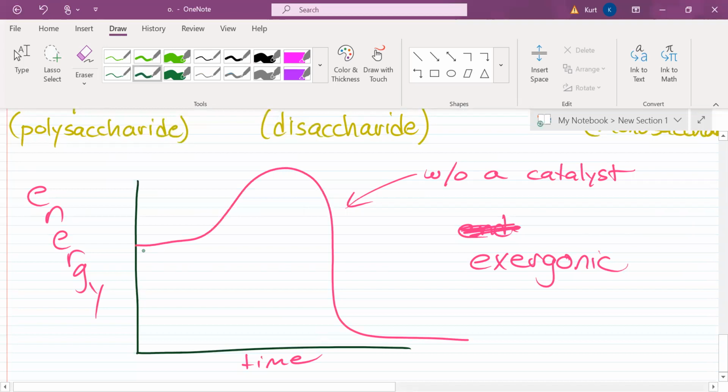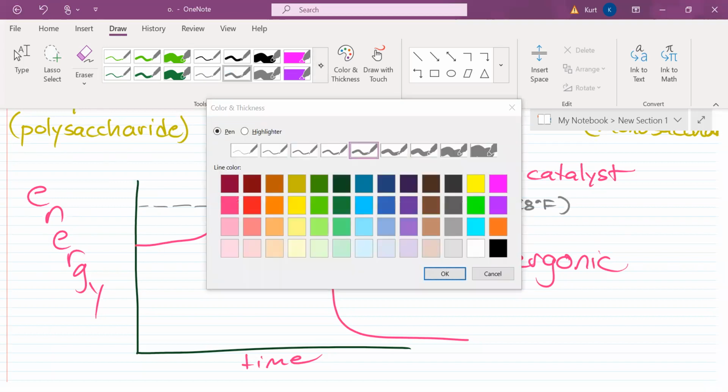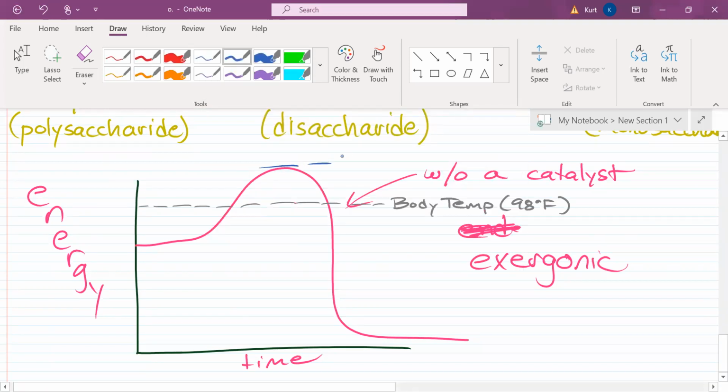What we are going to draw now is an endergonic reaction, but here's the catch. Let's say that this dotted line I'm drawing is your body temperature. Your body temp is about 98 degrees Fahrenheit. In order to make the product of this reaction, you've got to get it up to 105 degrees Fahrenheit.